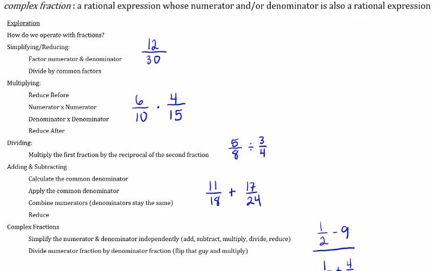But if you didn't know that, you would have to factor the numerator, right? And you'd say, okay, well, there's 2 2's and a 3. Then you'd factor the denominator, 3 times 10 and 2 times 5. And then you'd be able to identify, oh yeah, they have a 3 in common, and they have a 2 in common.